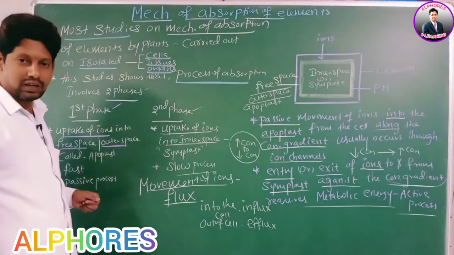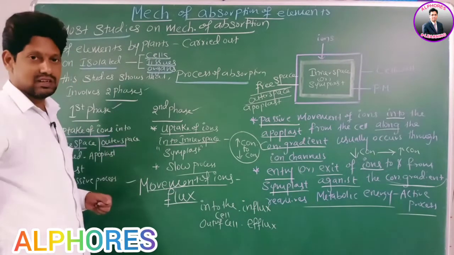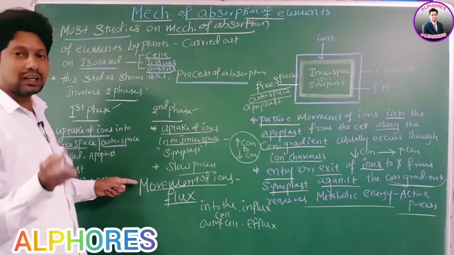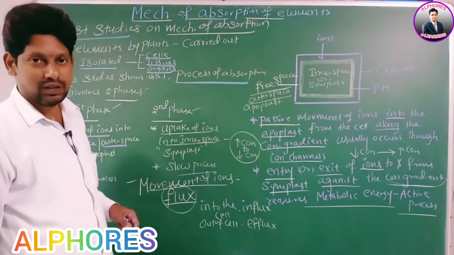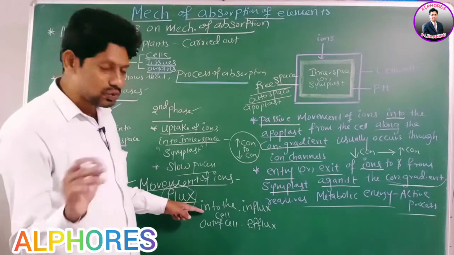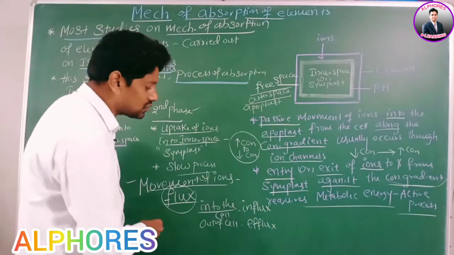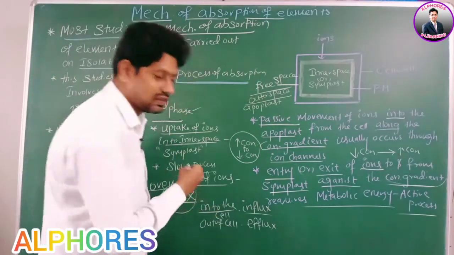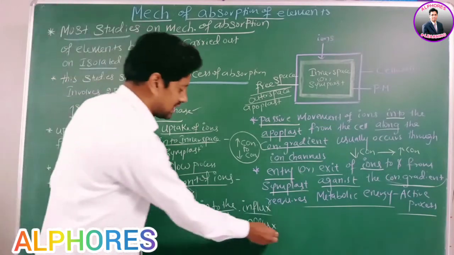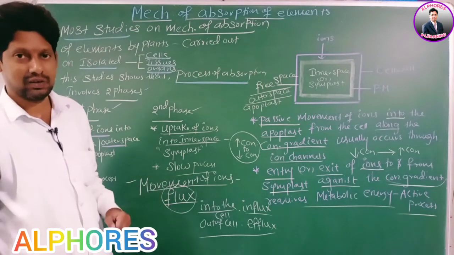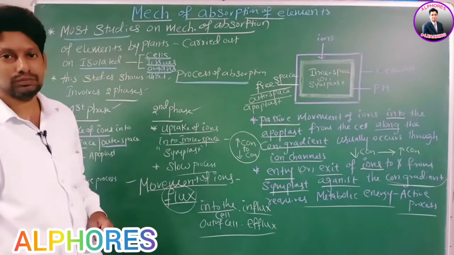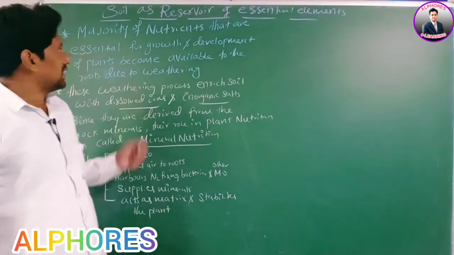Is this statement okay? Movement of ions, whether from out to in or in to out, is called flux. If ions entered into the cell, influx. Ions came out of the cell, efflux. Okay, right? Go for the next topic.